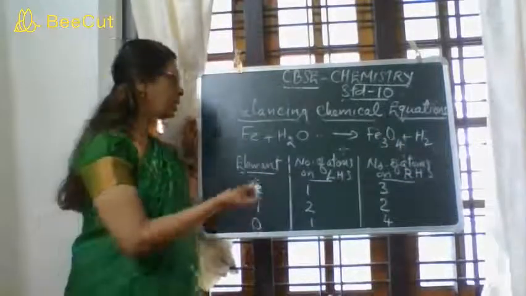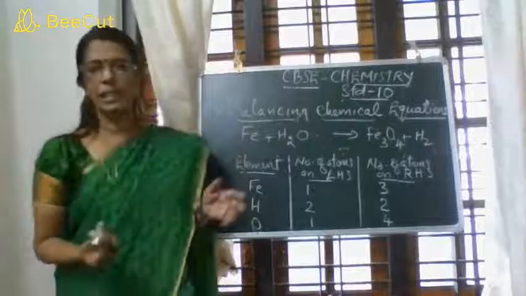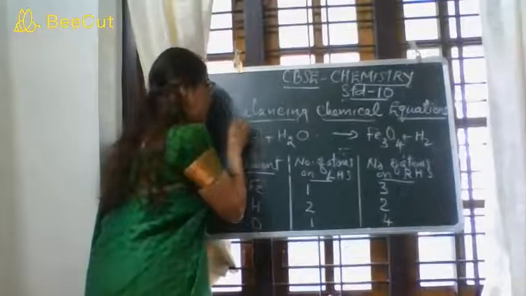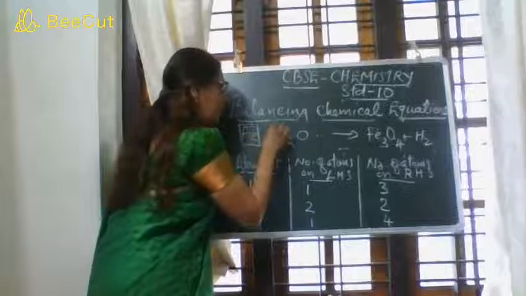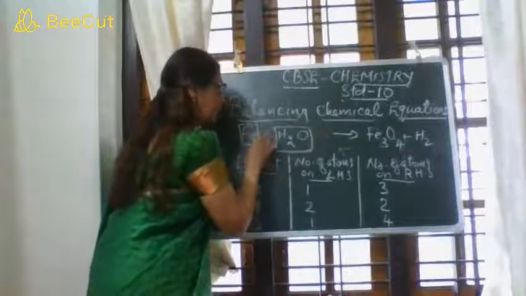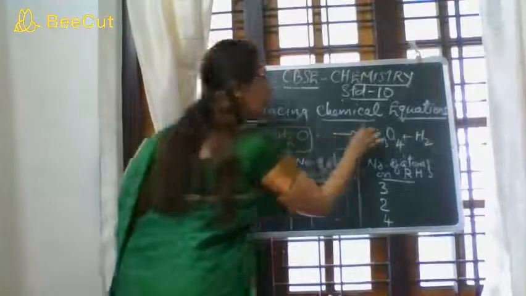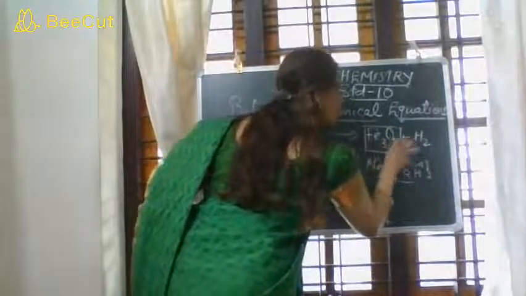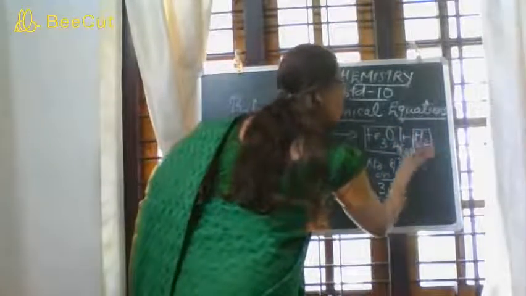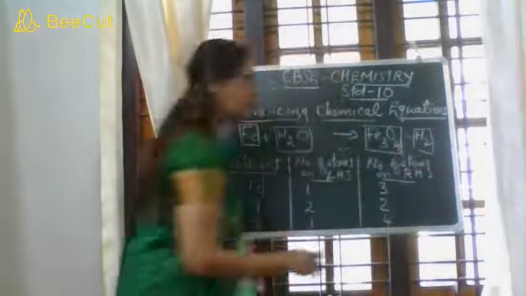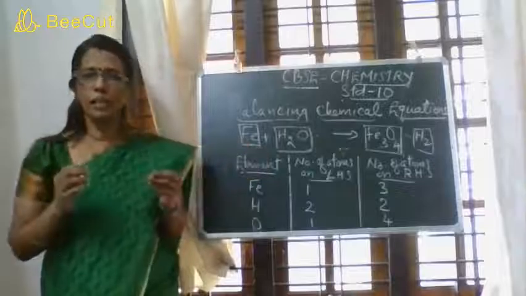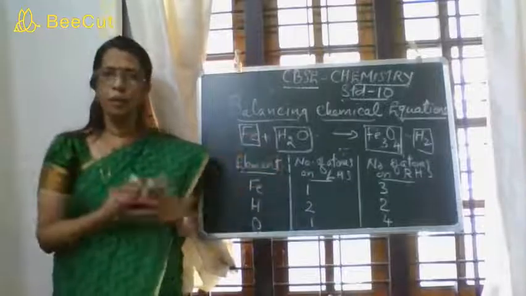For balancing, first we have to draw a box around the symbols or formulas, like this. We have to draw a box around the symbols of reactants and products.